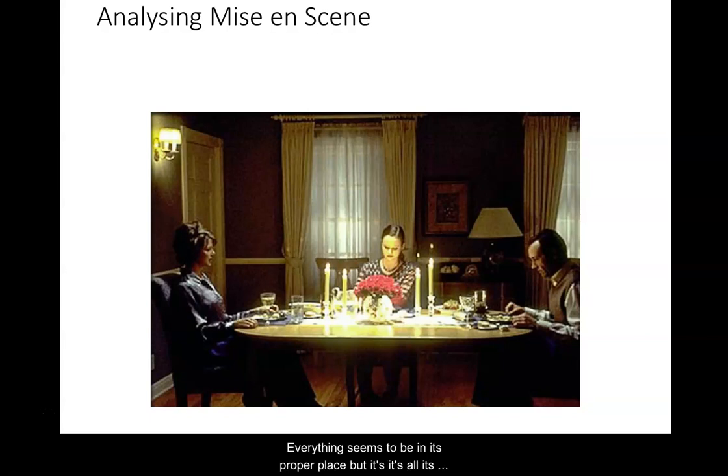Everything seems to be in its proper place, but without any sense of warmth or personal touches. There are no family photos on the wall. There are no knickknacks that refer to the characters. A watch isn't placed on the dresser. Somebody's coat isn't on the back of the chair. It's a very cold and rigid vision of the family, showing you that this is a family that is not filled with warmth and love.